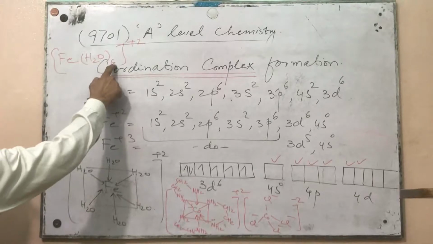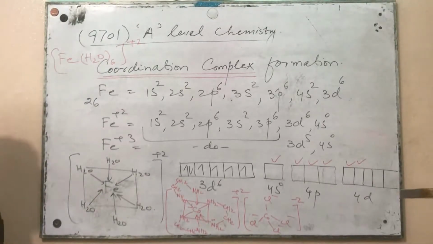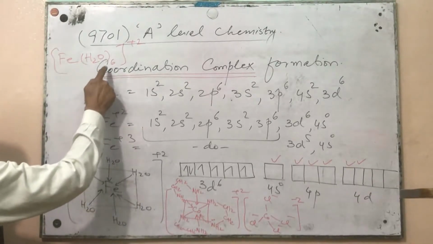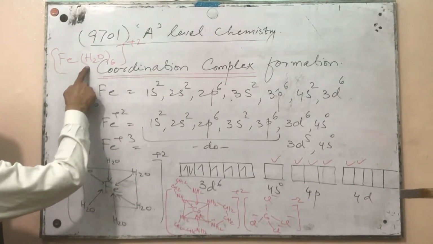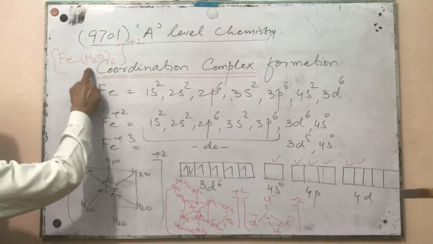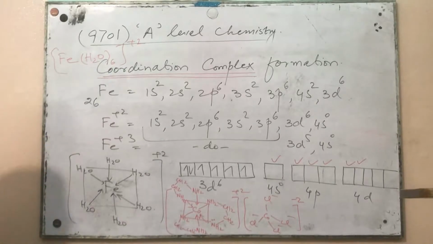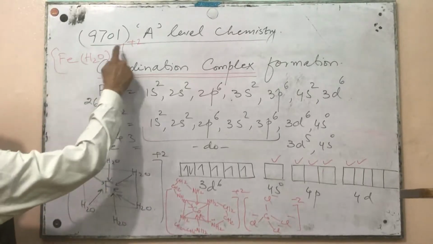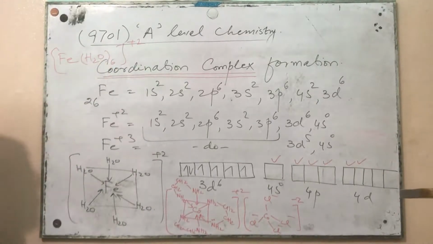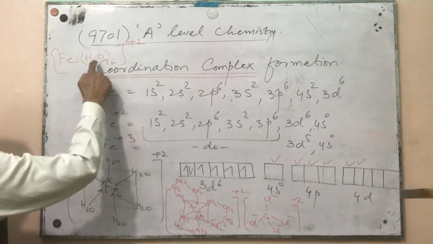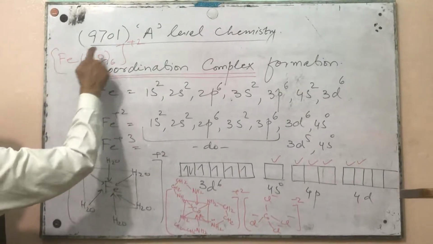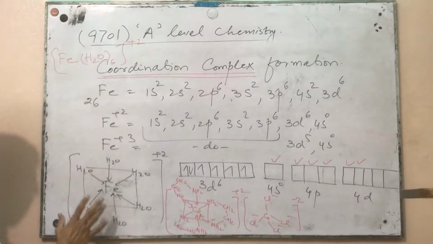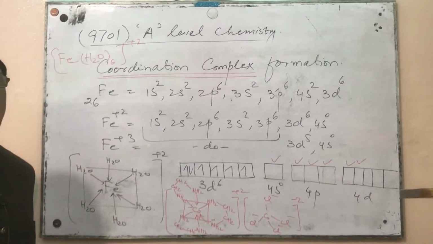As 6 water molecules are forming coordinate covalent bonds, this is called hexaaqua. Hexa means 6, aqua means water. Hexaaquairon(II) ion, it is formed by the iron 2 complex.